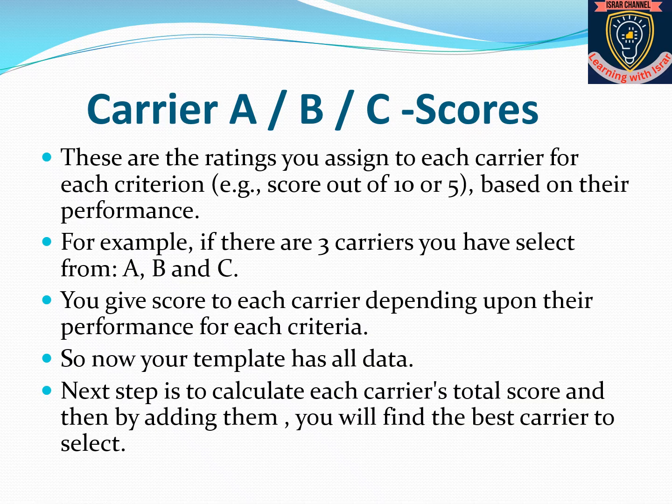For example, if there are three carriers you have to select from, like A, B, and C, you give a score to each carrier depending upon their performance for each criterion. So now your template has all the data. The next step is to calculate each carrier's total score, and then by adding them you will find the best carrier to select.